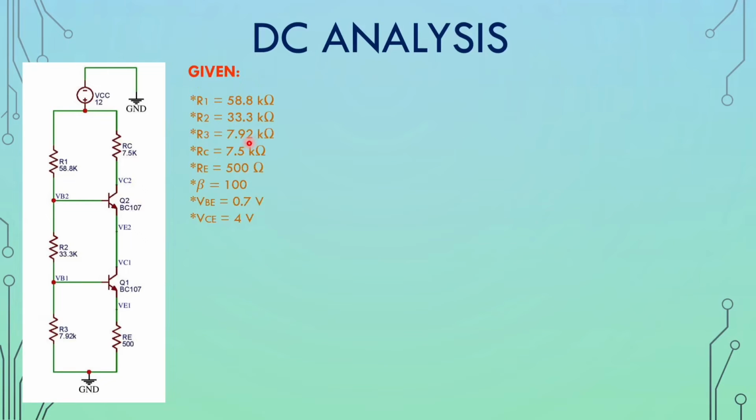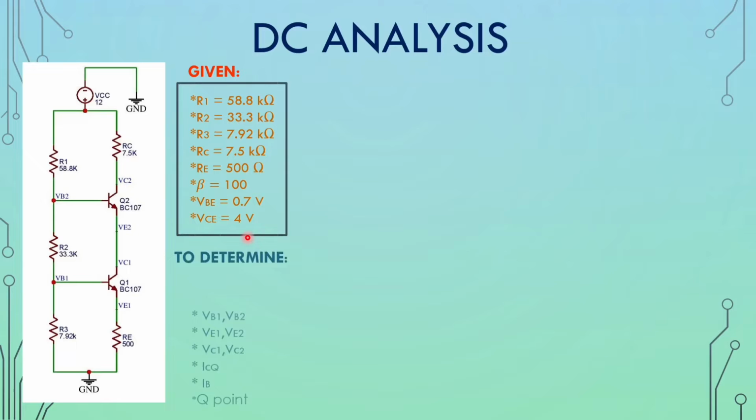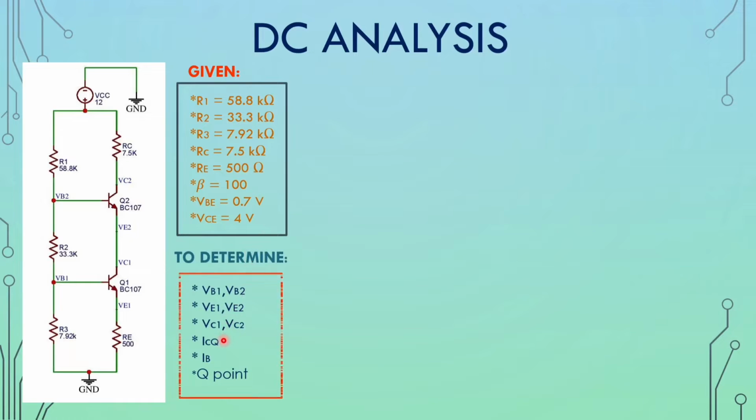R1 equal to 58.8 kilo ohm, R2 equal to 33.3 kilo ohm, R3 equal to 7.92 kilo ohm, RC equal to 7.5 kilo ohm, and RE equal to 500 ohms, beta is equal to 100, VBE is equal to 0.7 because we are using silicon transistor, VCE equal to 4 volt. So we are going to determine VB1, VB2, VE1 and VE2, VC1, VC2, ICQ, IB and Q point.